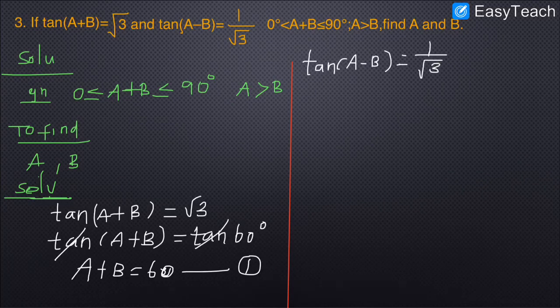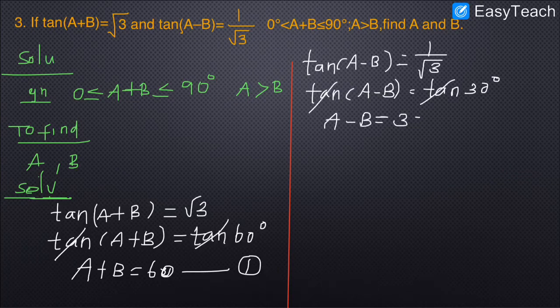To cancel plus b and minus b, I'm going to add these two equations. Adding two equations means adding the LHS separately and the RHS separately. Since it is addition, no need for brackets. You can write directly: a plus b plus a minus b equals 60 plus 30. It's 90, so I cancel these two. So 2a equals 90, a equals 45.